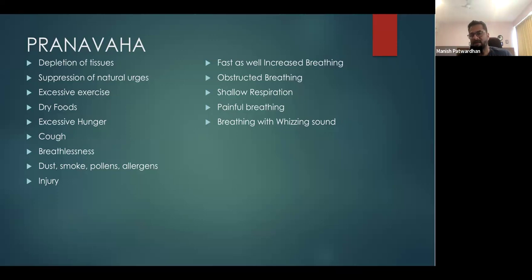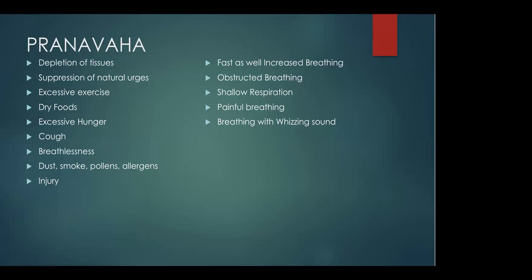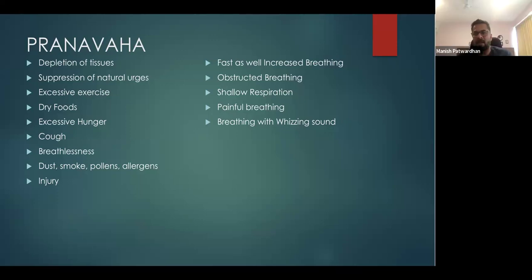That is excessive exercise. So that is not necessarily going to the gym and doing excessive exercise. People who do laborious, physical work as an occupation, that can also be a reason in terms of excessive exercise.